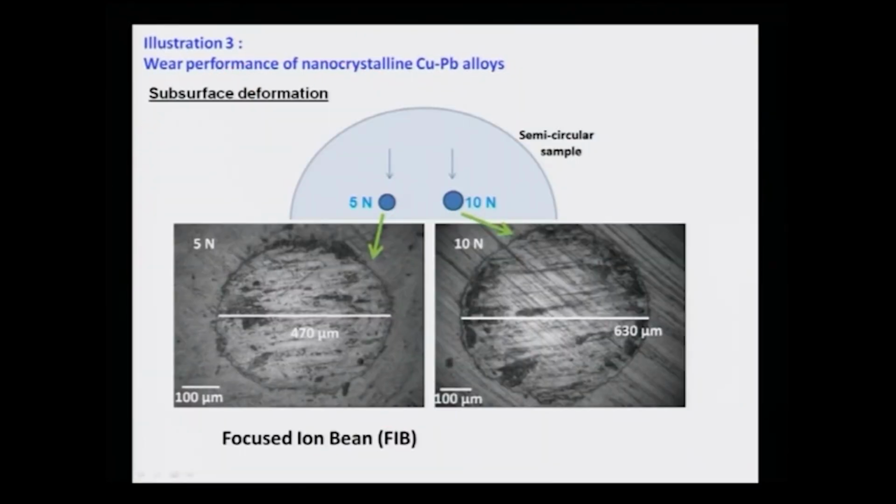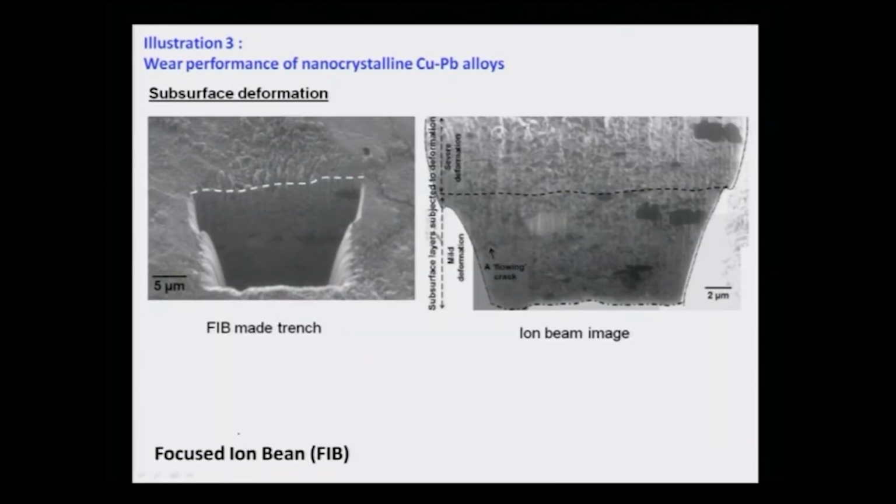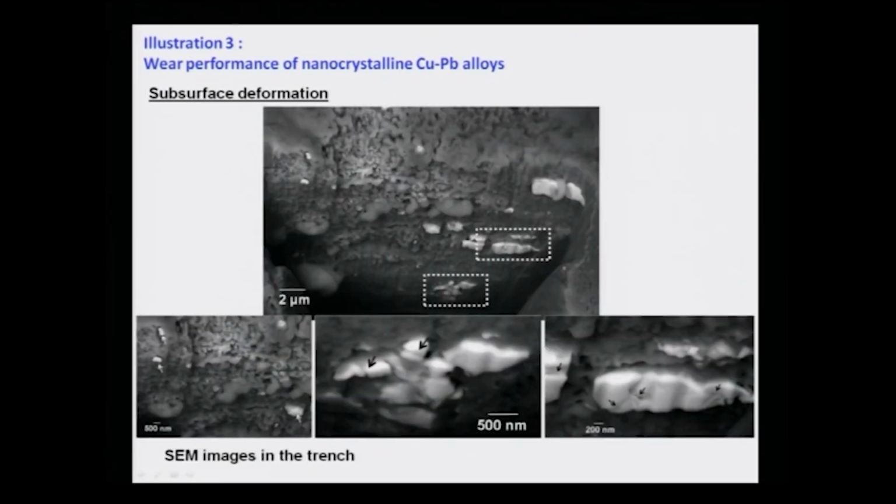Then one can actually look at subsurface imaging using focused ion beam. In this technique, a trench is dug in the sample, and the surface inside this trench is seen either with an ion beam to show the cracks or the different particles present, or with a scanning electron micrograph like that, where you can see these copper grains or agglomerated copper grains, lead particles.